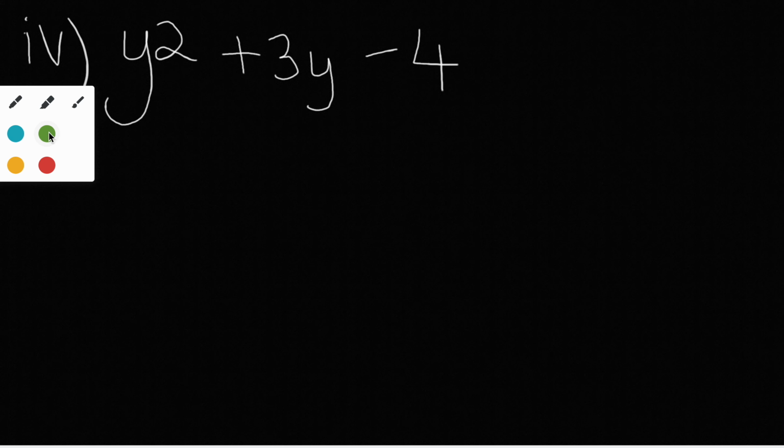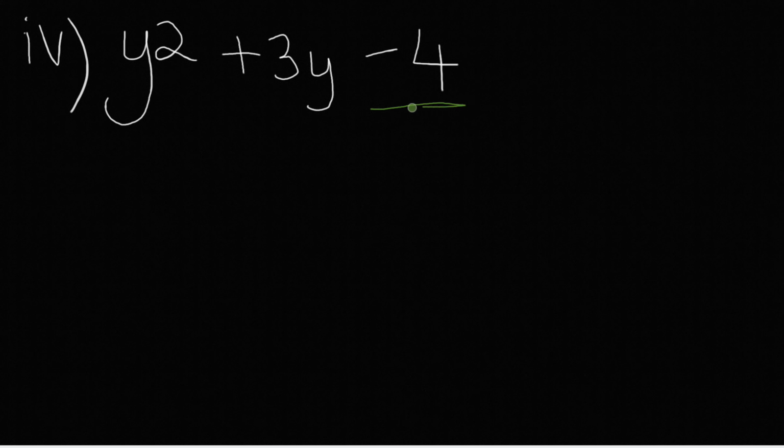Another example, which is also similar, right? So we need to find two numbers with the product of negative 4, but their sum must be plus 3. What I'm thinking of, let's think of the factors of 4, right? Or rather negative 4. So you have 1 and 4, right?